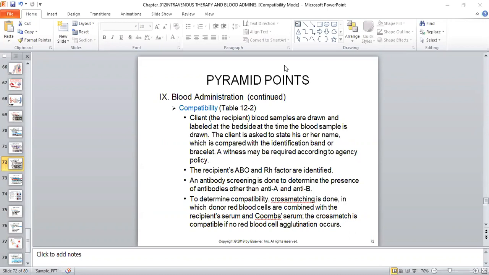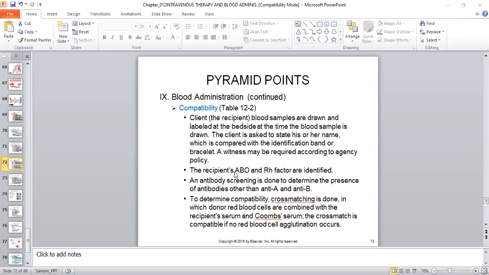You have to check the patient's name, the date of birth, and check it on the bracelet. Don't depend on the patient. If the patient has a mental problem, how can you depend on their answer? Don't check the room number as an identification. Maybe another patient came into the room to meet with the patient or client. Also, a witness may be required according to the agency policy.